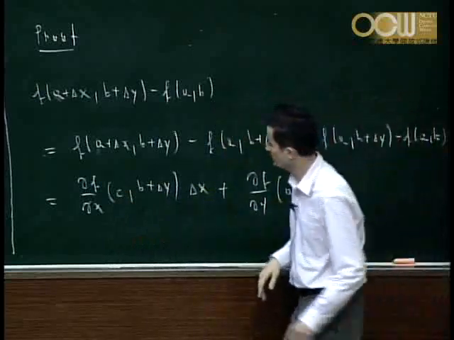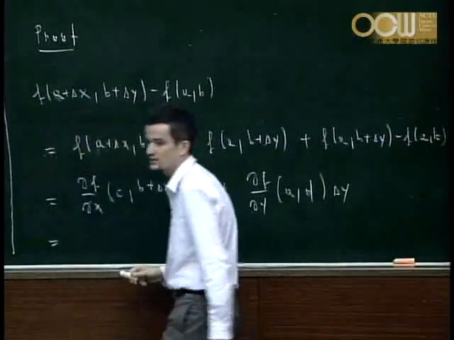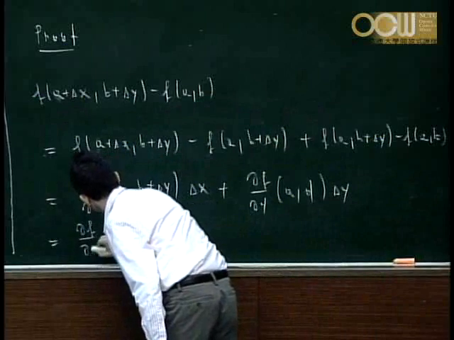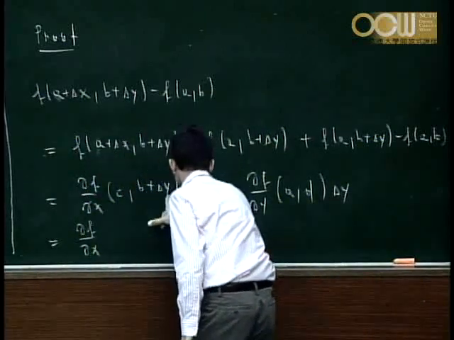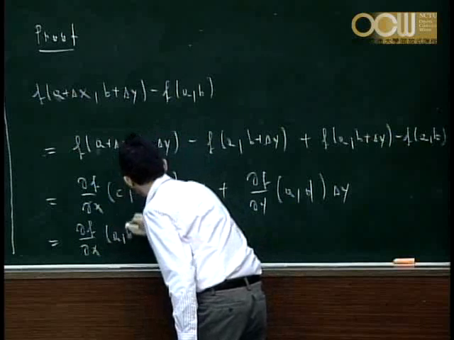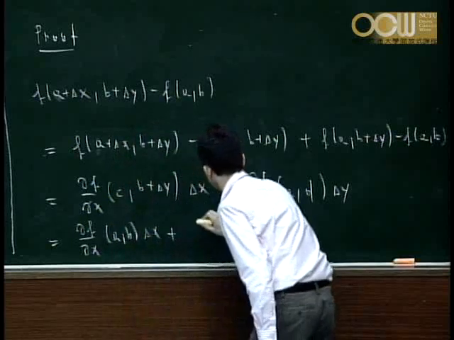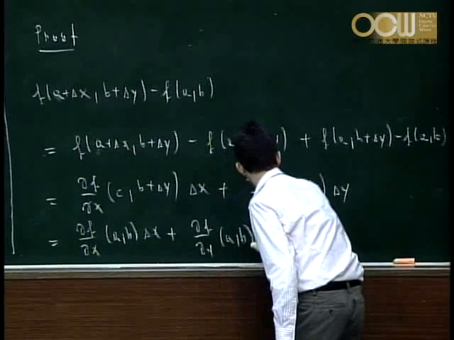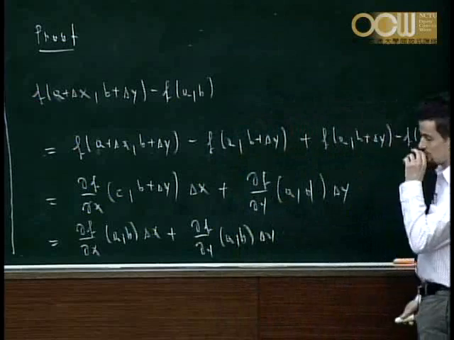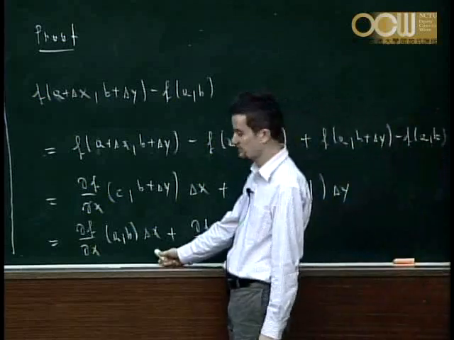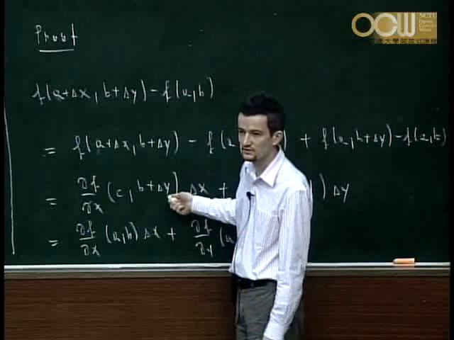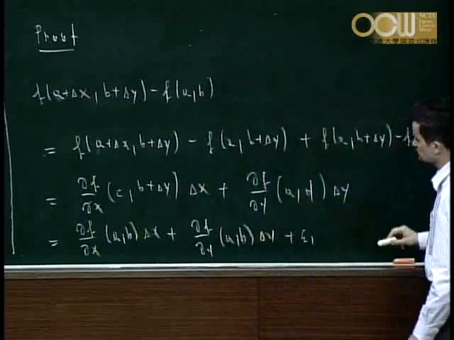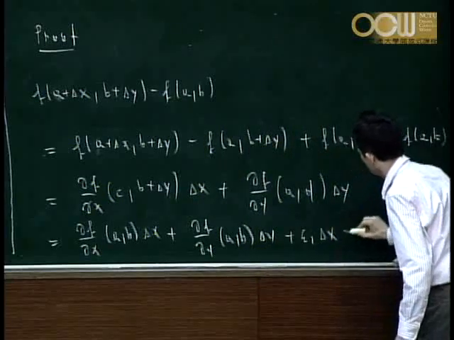What I want to have, if you look at the definition, is the partial derivative with respect to x, actually not at c and b plus delta y, but at (a, b), times delta x, plus the partial derivative of f with respect to y at (a, b), times delta y. But this is not really correct. So I have to subtract both of them, and then I have to add those. And now I merge certain functions into one. I will tell you in a minute what epsilon 1 and epsilon 2 are.